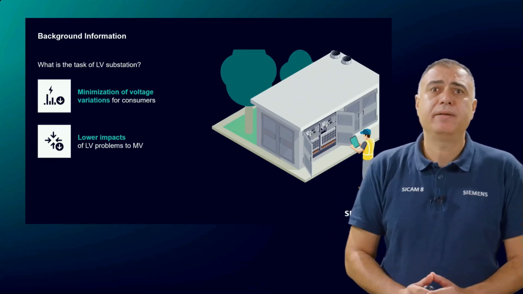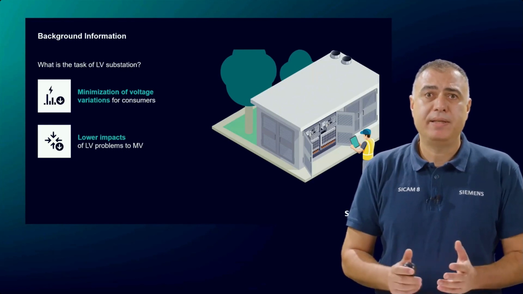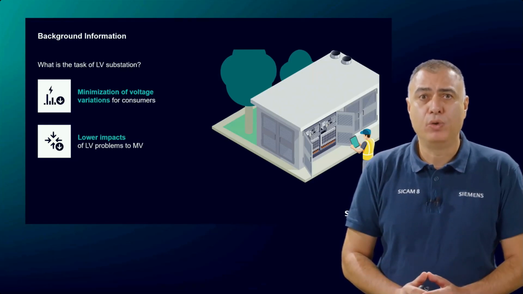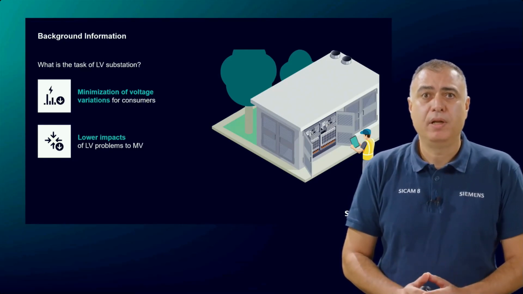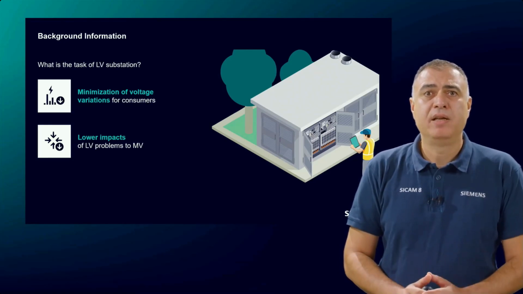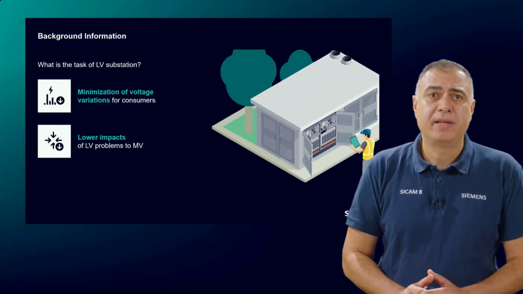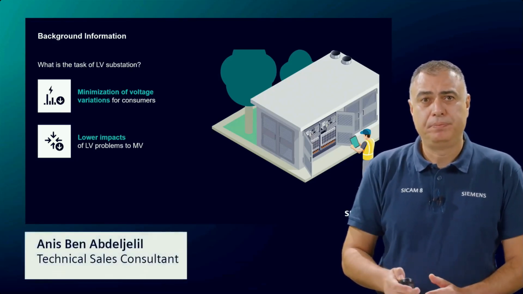And the second reason is in low voltage distribution grids, imbalances and harmonics can occur. By considering suitable transformers in the low voltage station, for example, a transformer with special windings, such negative impacts can be mitigated for the medium voltage network.